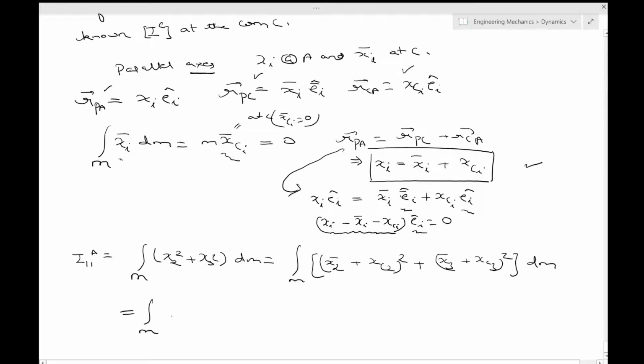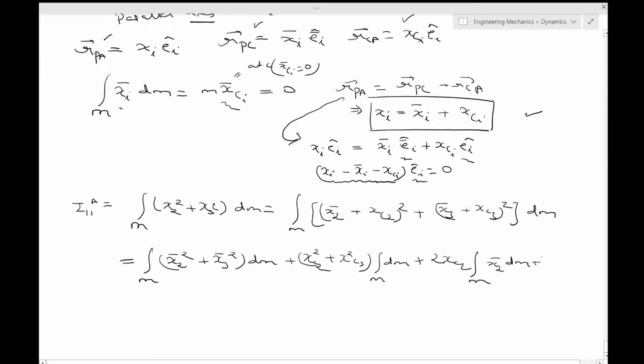They should now give us the integral of x2 bar whole square plus x3 bar whole square dm, plus xc2 square plus xc3 square times the integral of dm, plus 2 xc2 times the integral of x2 bar dm, plus 2 xc3 times the integral of x3 bar dm.